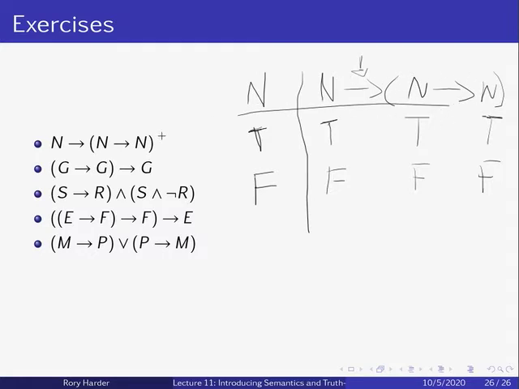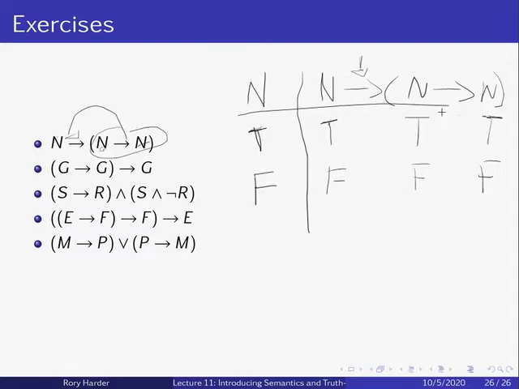So we start with this subformula, which is if N then N, and we're going to determine what its truth value is, given the truth values of N. And then once we've done that, we're going to look at the main connective. So we start with this subpart, if N then N.